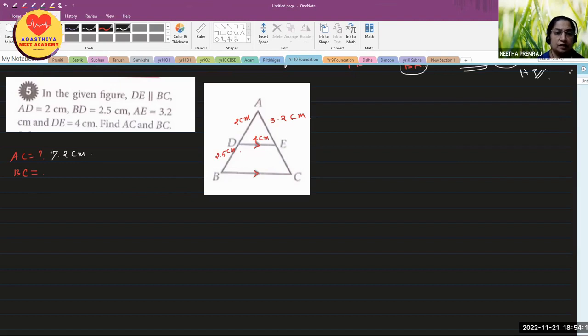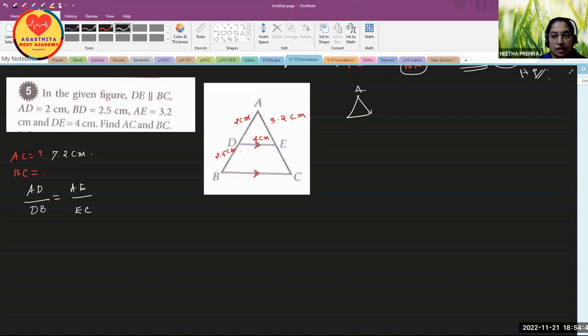Okay, one thing you should know. Let me check, I'll do the calculation. If you write AD by DB, that is equal to AE by EC, you can't consider DE and BC, because there are two triangles.